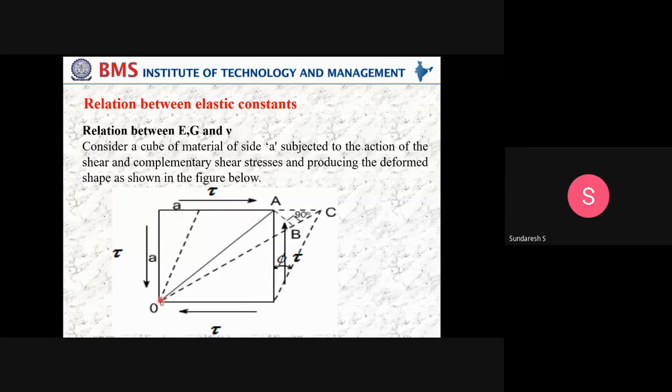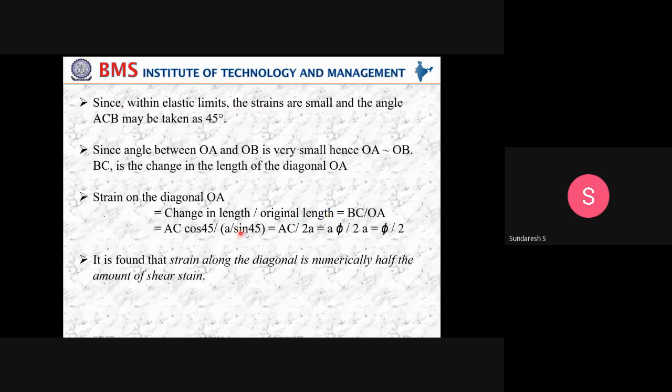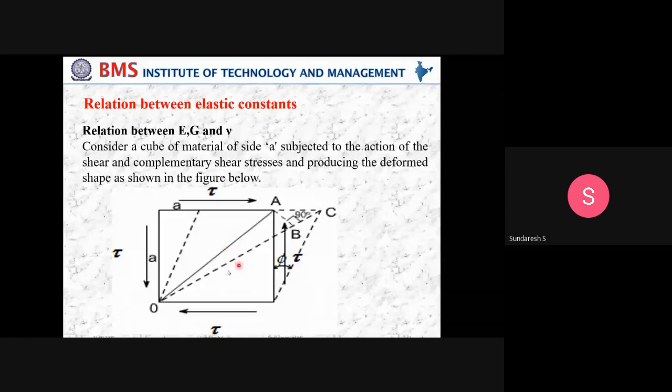Am I right? So OA is equal to, if I take sine 45, whether it is 45 here or 45 here, whatever it might be, sine 45 will be equal to the opposite side, which is nothing but small a. Am I right? Small a, the side A, divided by OA, the hypotenuse.